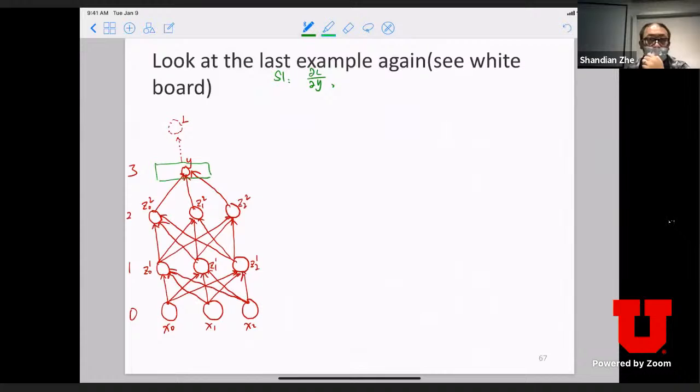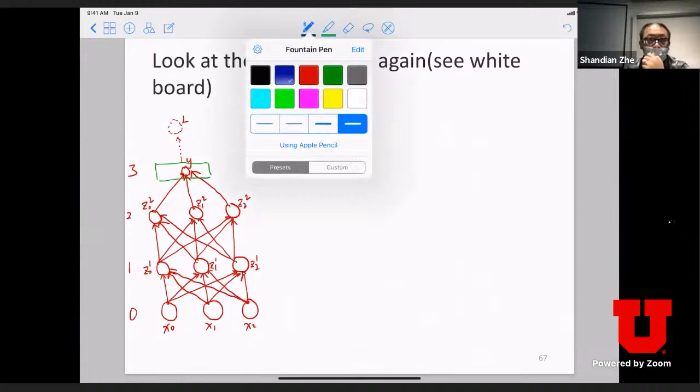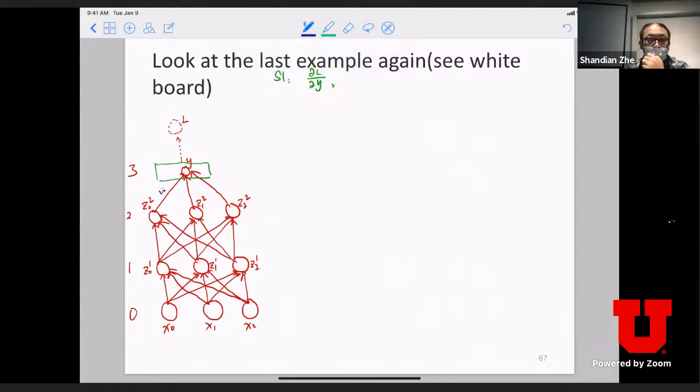So here we have 3 edge weights, which are W013, W113, W213. Remember, we index the output neuron by 1, and the target layer is 3. That's why we denote the edge weights by W013, W113, W213.